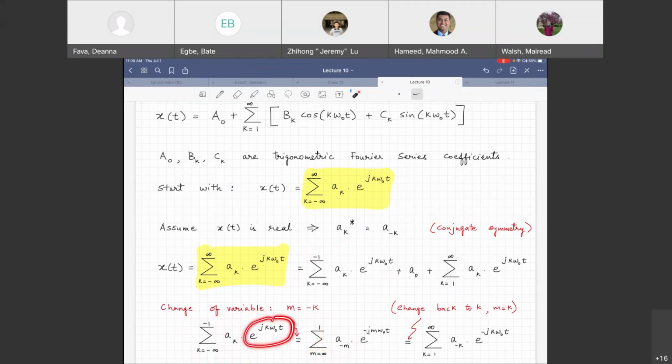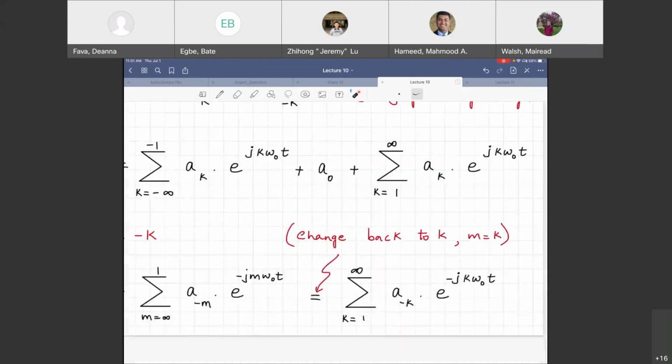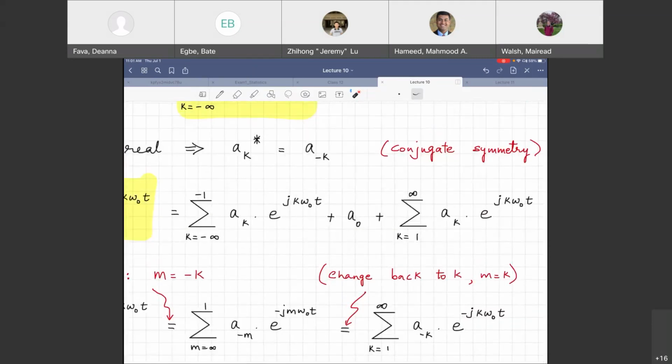E to the plus j k omega naught t becomes e to the minus j m omega naught t, which can be rewritten as k equals 1 to infinity. Why can we do that? If you sum up, it's not integration, it is summing up. So if you sum up this way and if you sum up this way, it should be the same. Instead of m, you're changing it back to k. K equals 1 to infinity. A sub minus m becomes A sub minus k. E to the minus j m omega naught t becomes e to the minus j k omega naught t.